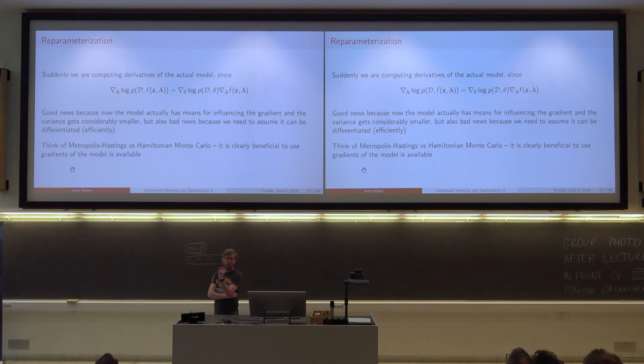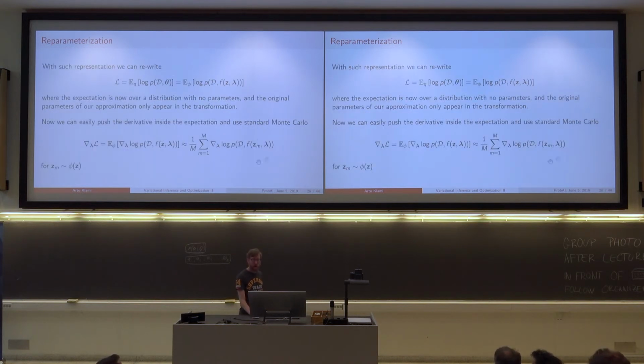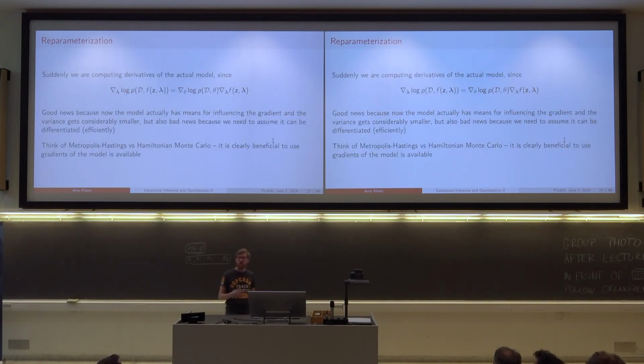We first compute the derivative of log of p with respect to the model parameters theta, and then we compute the derivative of the model parameters with respect to the parameters of the approximation. So theta is f of z and lambda. So even though this is very nice, in order to compute this, we need to use this chain rule.